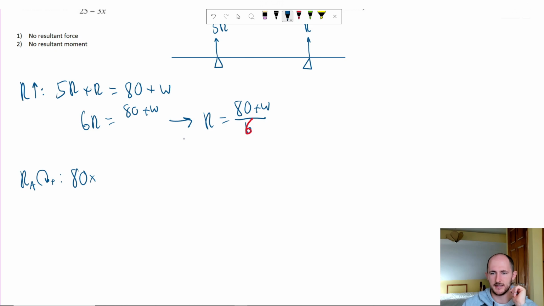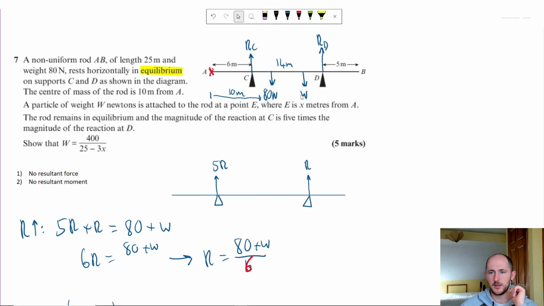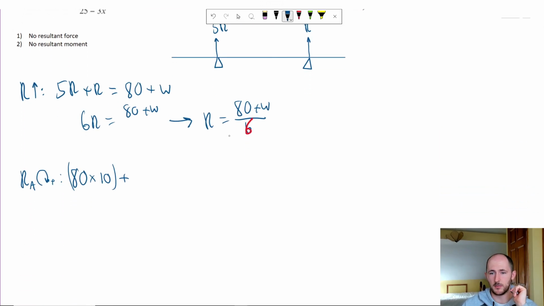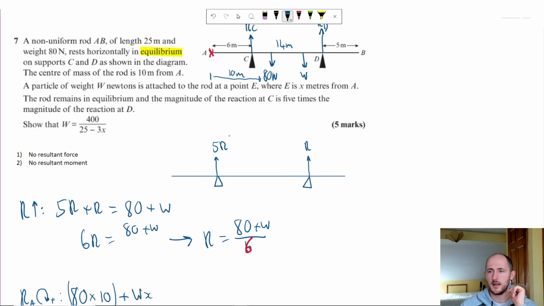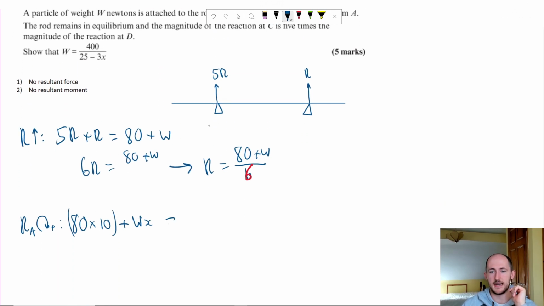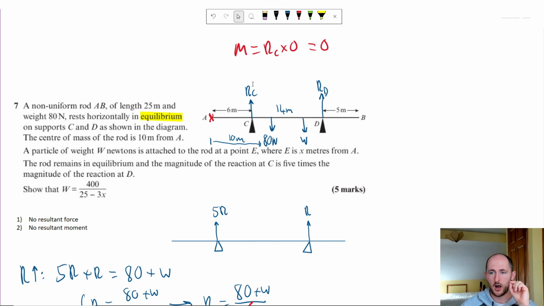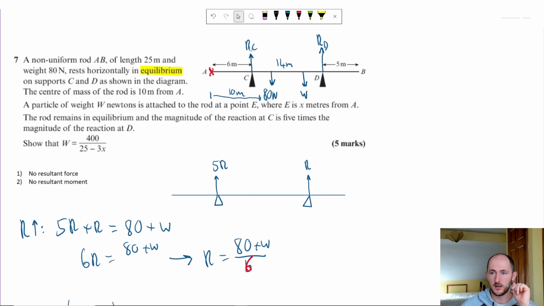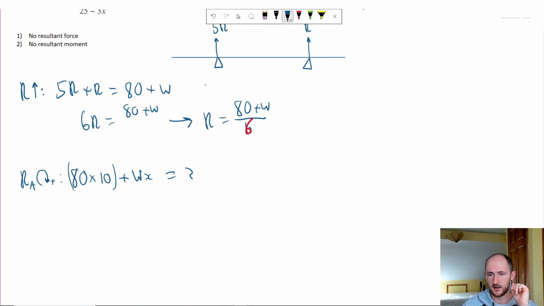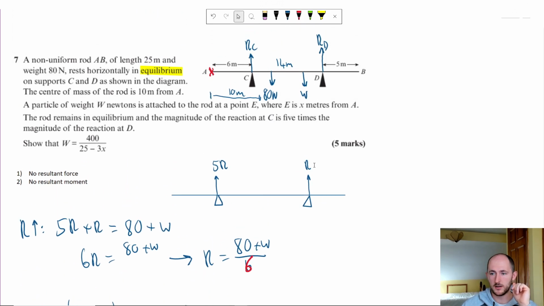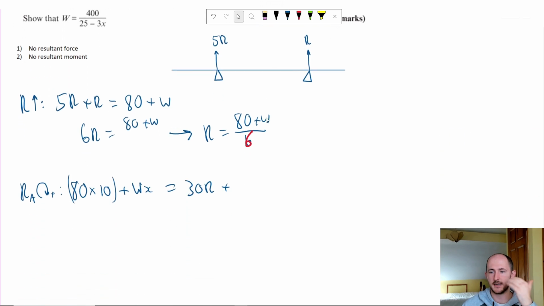So I'm going to put that in, 80 times 10, plus, in fact I'll put it in brackets, W is X meters from A, so we're going to have W times X, equals, because again it equals the anti-clockwise moments, RC times 6, so that's 6R, plus RD times 6 plus 14, because the total distance from A to D is 6 plus 14 is 20, so plus 20R.